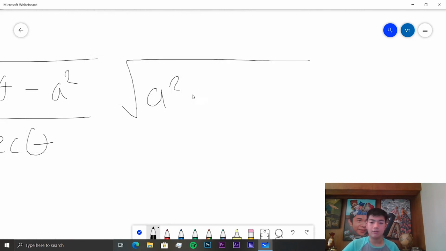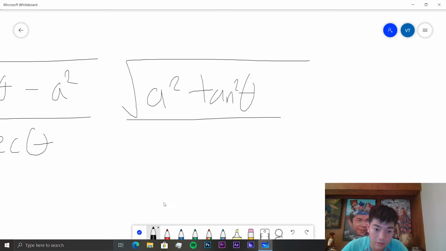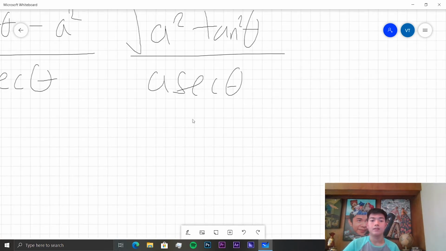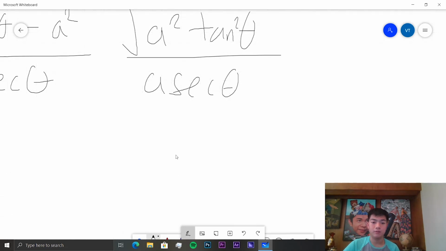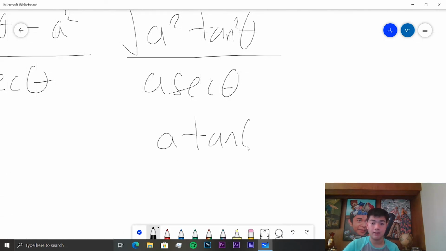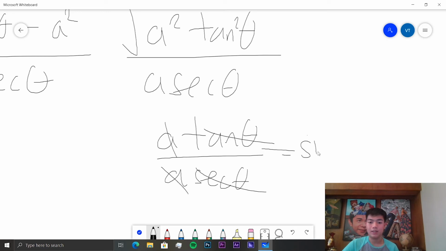So this is the square root of a squared tangent squared theta, all over a times secant theta. So this is equal to a tan theta over a secant theta. So cross those out, and this is actually equal to just simply sine theta. So that is the answer for this one.